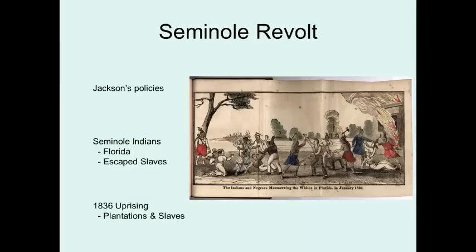Eventually, white settlers would strike back, but a war will basically rage from 1836 until about 1842, when the Seminoles are finally defeated. So this was a really big uprising, the Seminole Revolt, this kind of combination between slaves and Indians, and it'll last until 1842 when they are brutally put down.